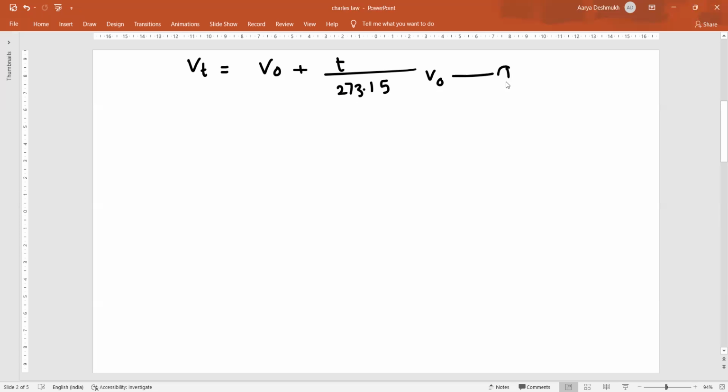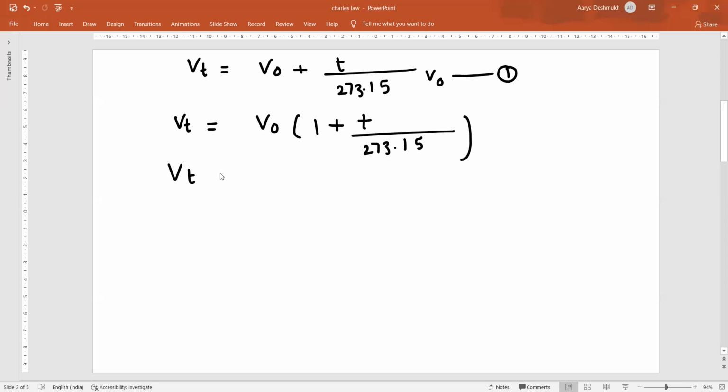Now, if you rearrange this equation, you will get Vt equal to V0, you can take it common out here. So it will be 1 plus T divided by 273.15. Okay.